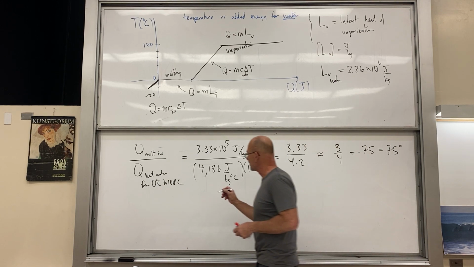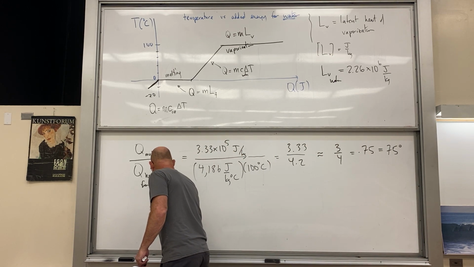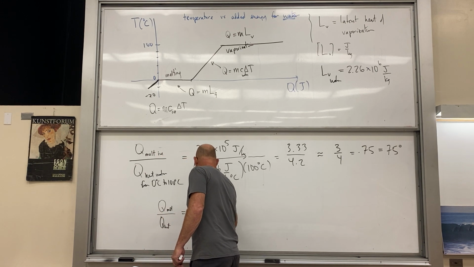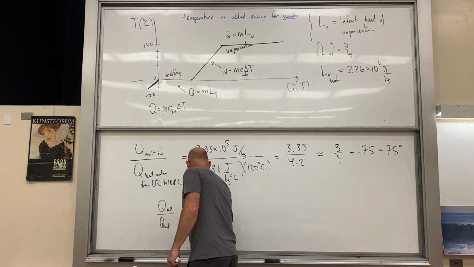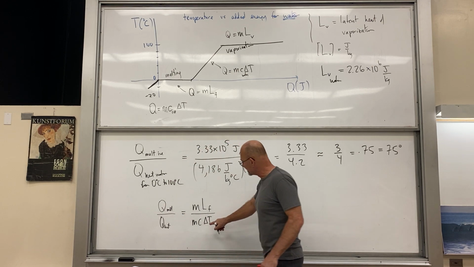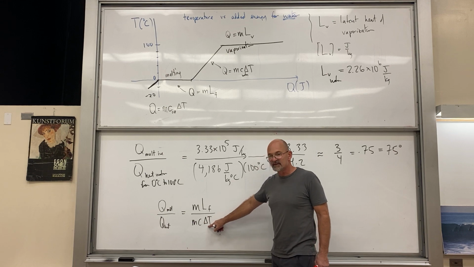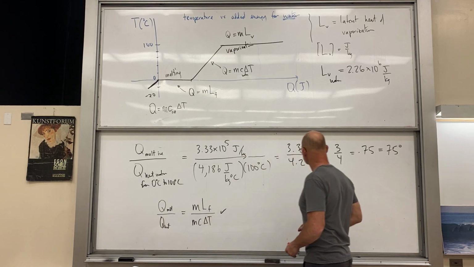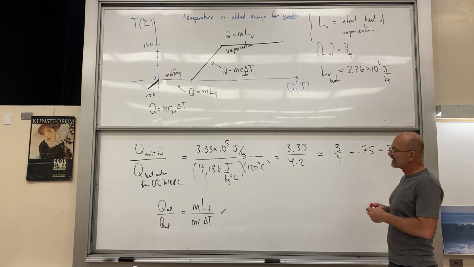By the way, this formula, Q melt over Q sub heat, was M L sub F divided by MC delta T, and we plugged in delta T equals 100 degrees, okay? So that's where that came from. So that's a lot of energy.